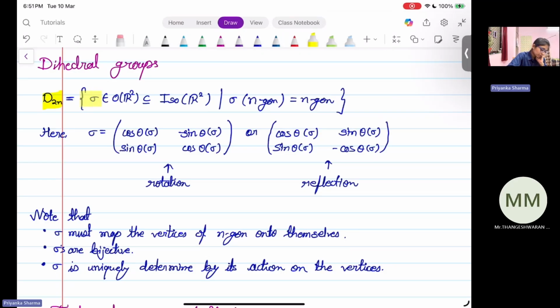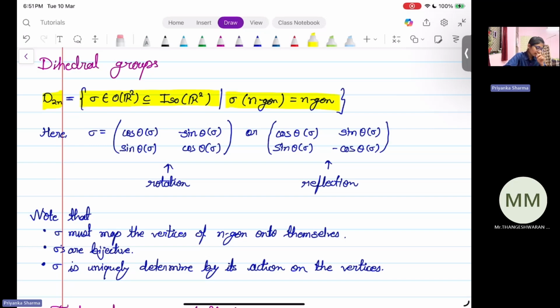So D2n can be represented by this: it is the collection of all isometries, but here the isometries are not the general ones, they are isometries which fix the origin. That's why we can write sigma coming from O(R²), such that sigma of the n-gon is again the n-gon, because we are taking symmetries. That is, whenever we transform the n-gon, we will again get the n-gon.